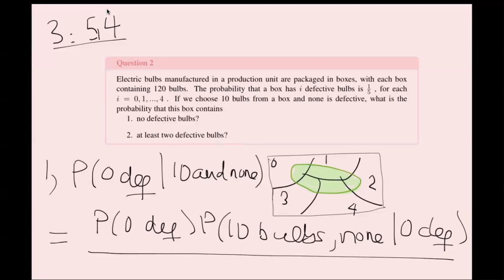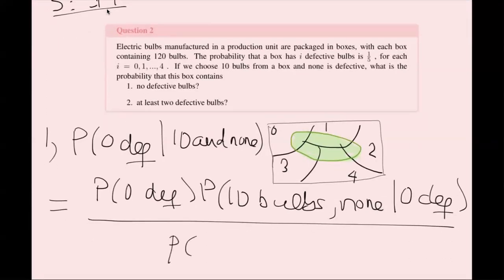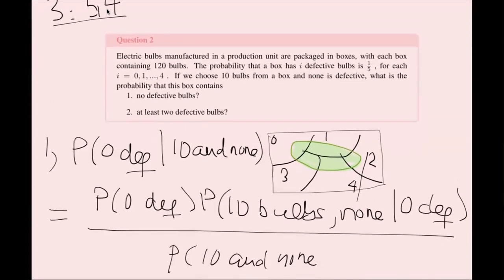And we want to divide it by the probability that you take 10 items and none of them is defective. So this is by Bayes formula. Or you can just write the conditional formula and then work up from there.